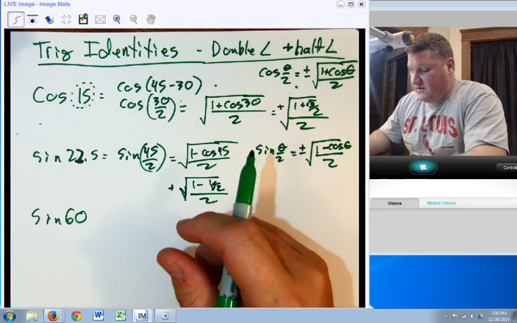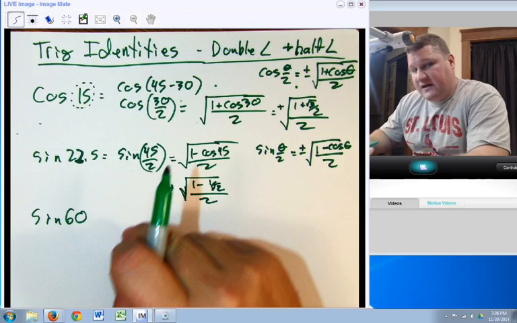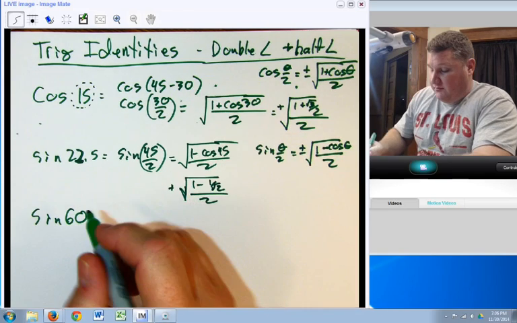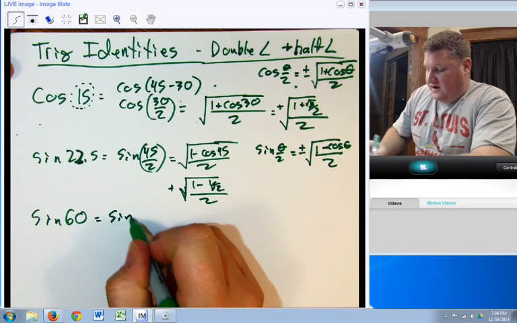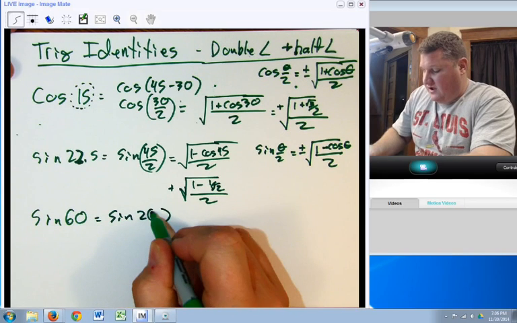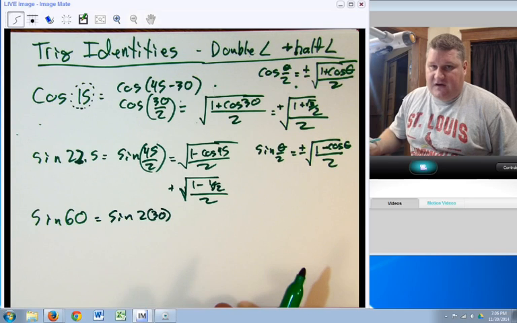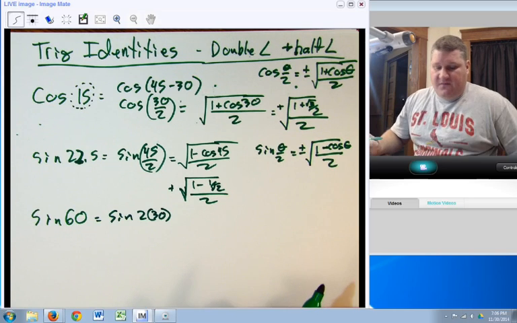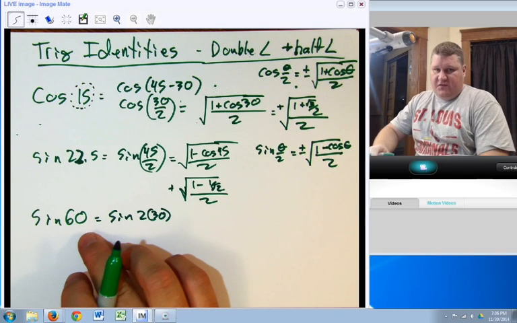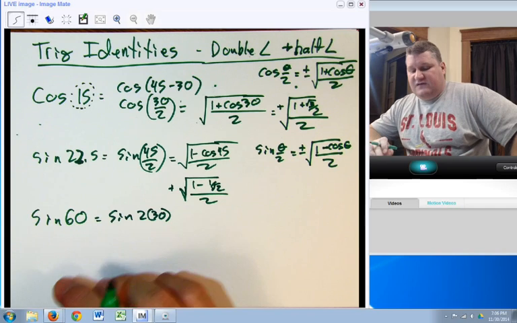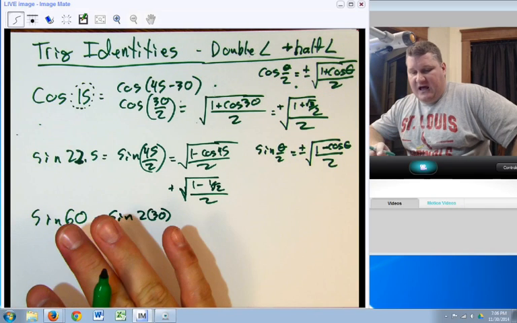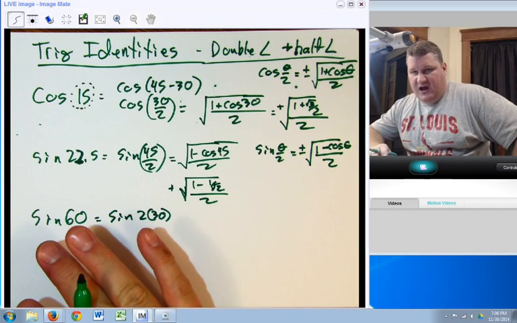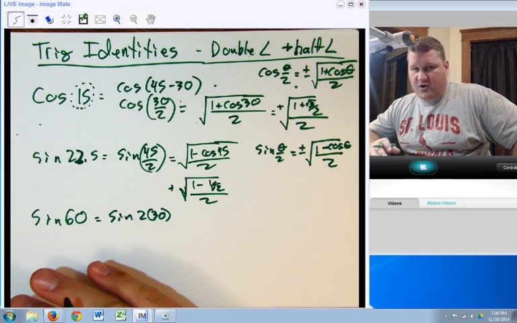Now, additionally, if I can cut things in half, I can also double things. So I can say sine of 60 is a sine of 2 times 30. Now, these are somewhat less useful in this function because every angle I have, if I double it, I already have another angle that I know anyway.